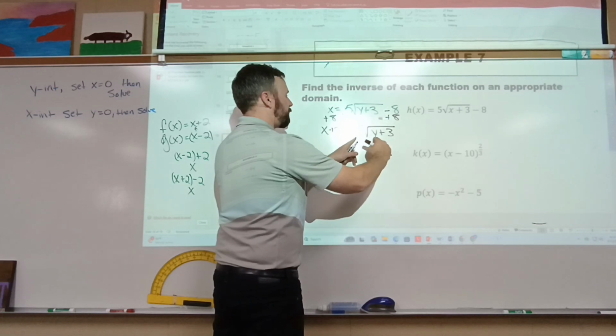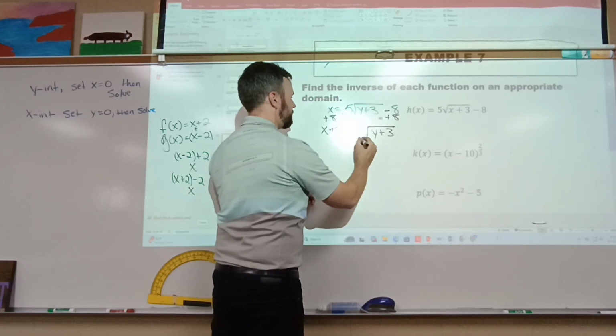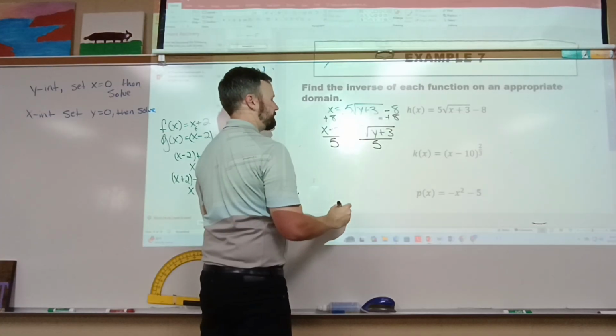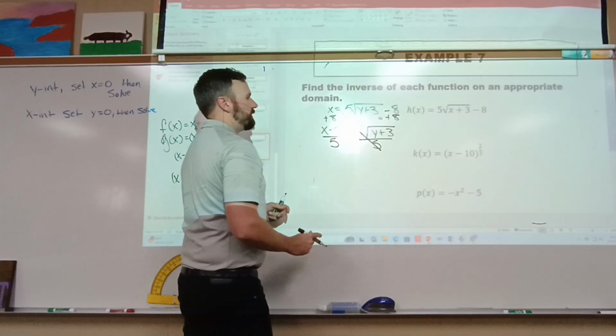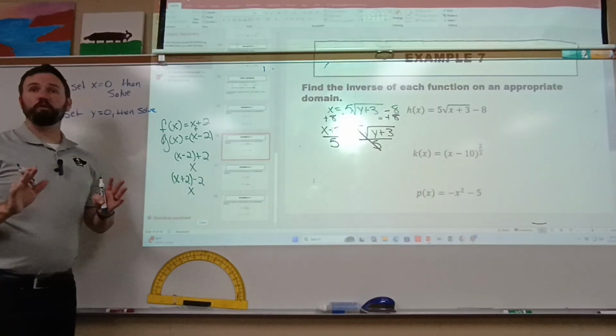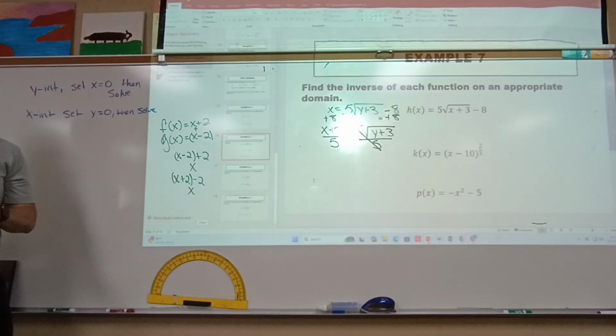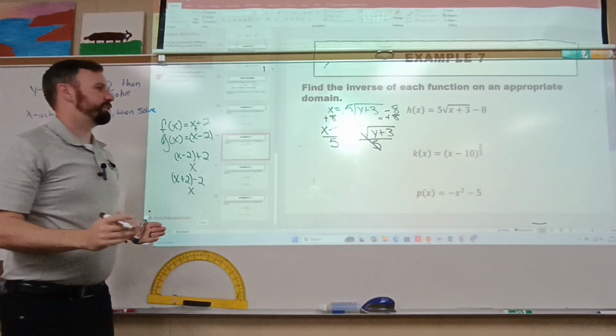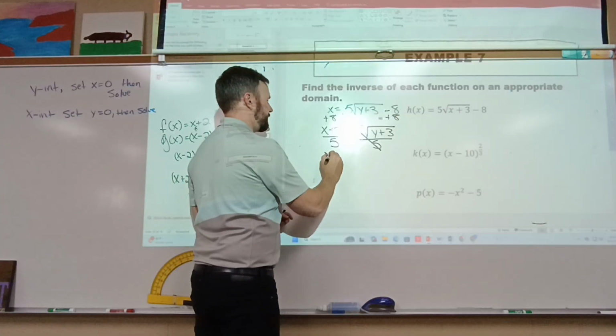What's my furthest thing away from y now? y is in this little house. The 5. Don't overthink these problems. They look really complex, but you're just doing solving that you've been doing your whole life, right? You start from furthest away and move closer into it. It just looks different.